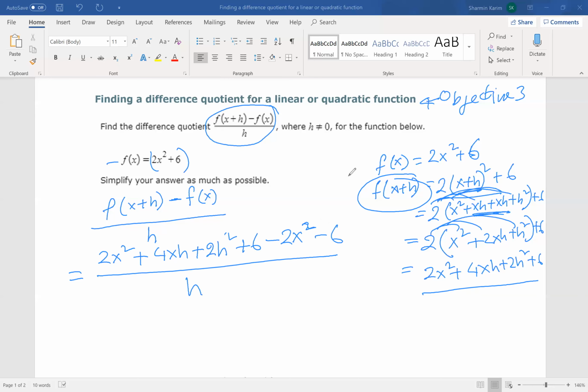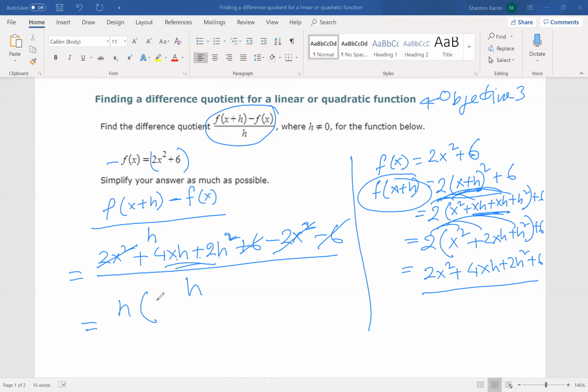Now let's simplify the numerator. So we have positive 2x squared, which cancels with negative 2x squared. A positive 6 cancels with negative 6. What is left in the numerator is 4xh plus 2h squared, and we can factor an h out of this.